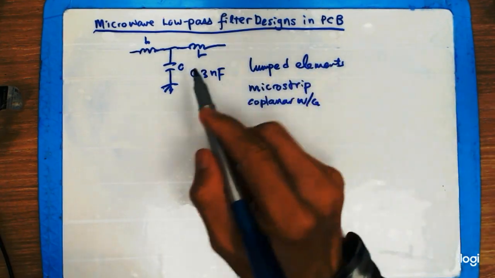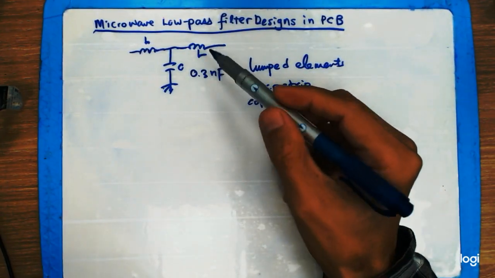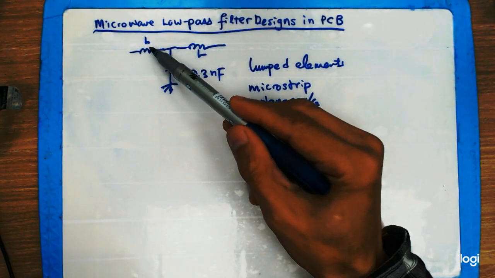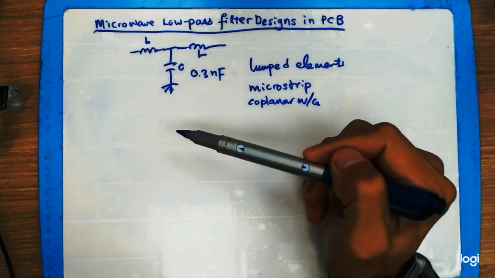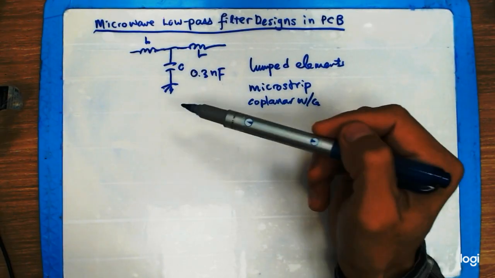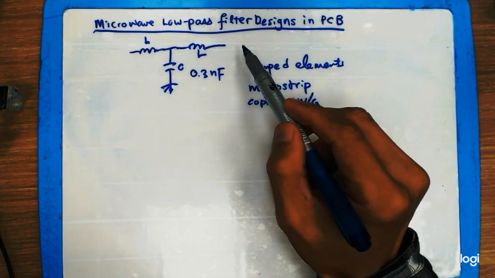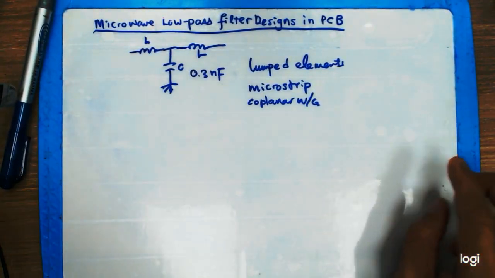So you can use this, and in this case you don't need to worry about certain values of inductor or capacitor, and all the values will be realizable by changing the geometry. So now let's take a look at one example.